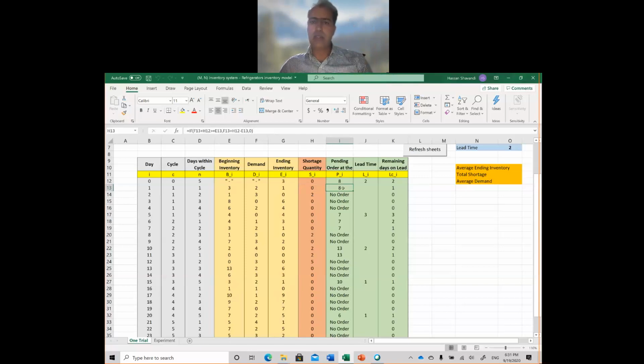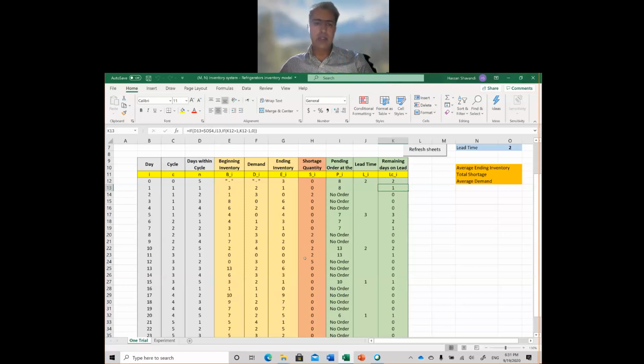Again, for the pending order at this time, there are still 8 units of refrigerator on the way, and the remaining days on the lead time is 1 day. It was 2 days previously, but we have passed 1 day, so it's reduced to 1 day.